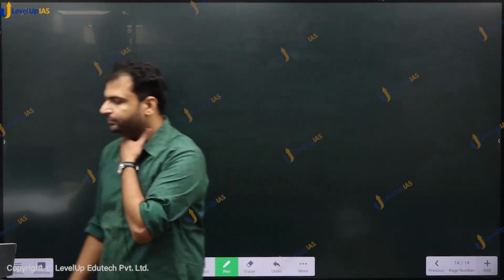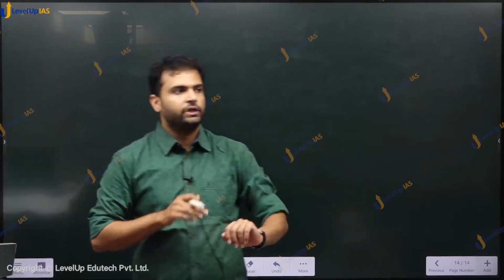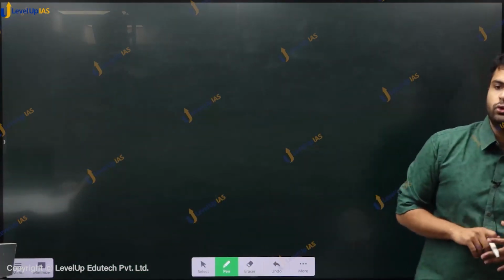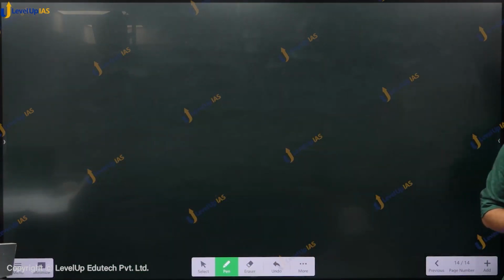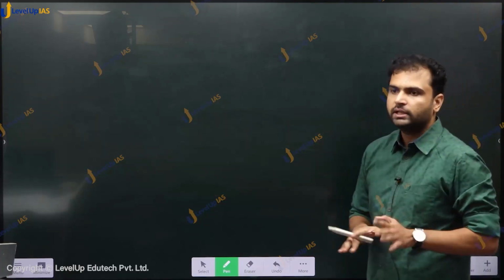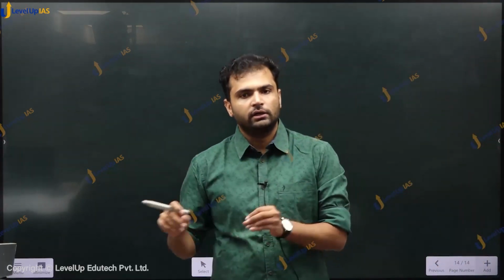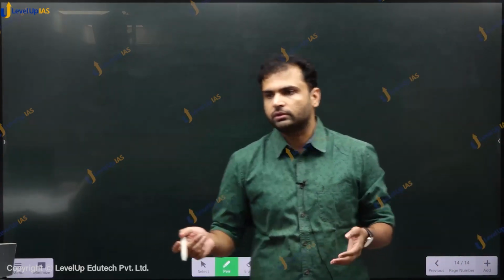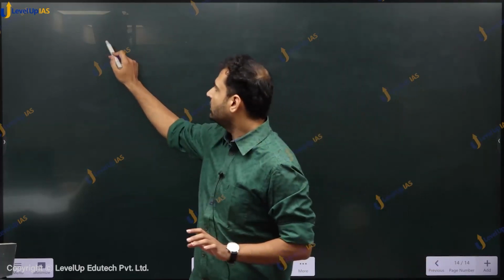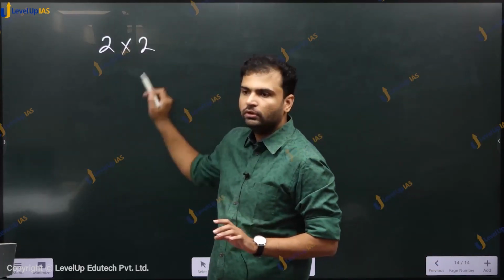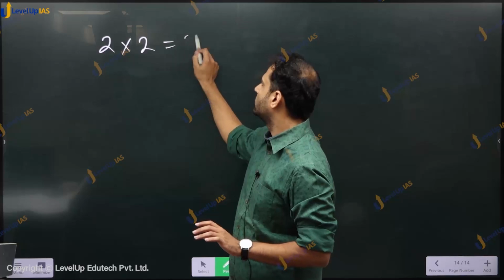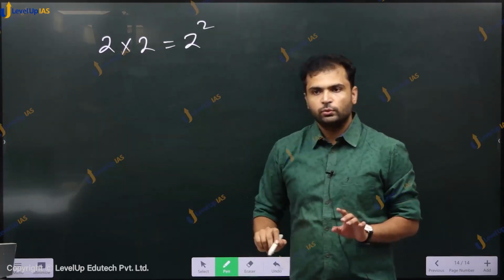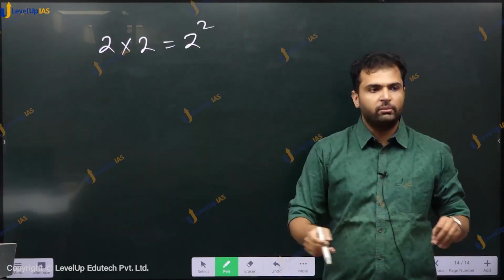Let us come back to powers or exponents. There are two special powers that we want to deal with: squares and cubes, and their corresponding square roots and cube roots. Whenever we multiply a number with itself, we call it the square of the number. Square is a number multiplied by itself.